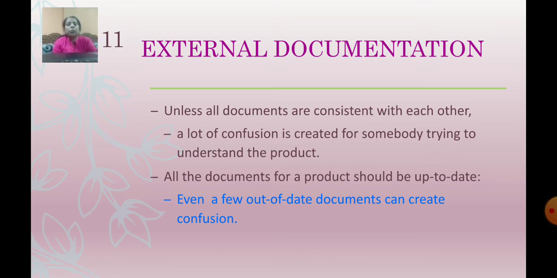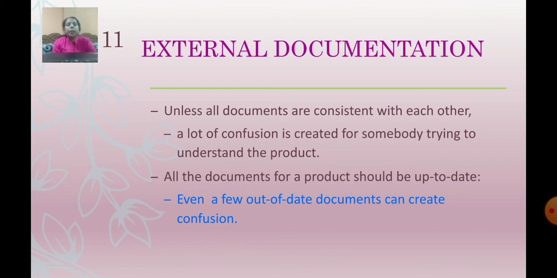Unless all documents are consistent with each other, a lot of confusion is created for somebody trying to understand the product. If there is inconsistency, it will lead to confusion. So consistency is mostly required in all the documents of a software. All the documents for a product should be up to date.